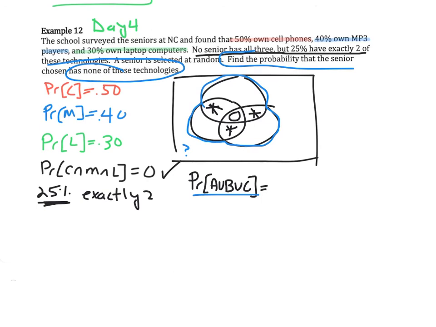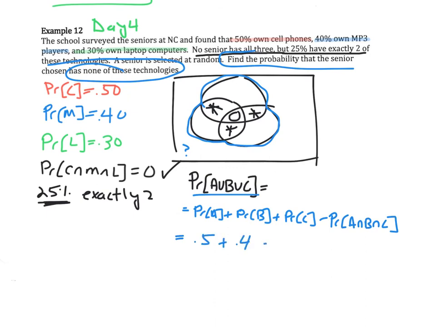So the way you use this probability is you're going to have to say A plus B plus C minus the overlap. Alright, well, we know A, we know B, we know C. Now the overlap between these exists in far more regions than just here.